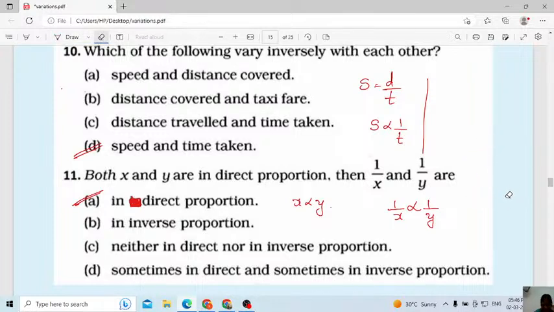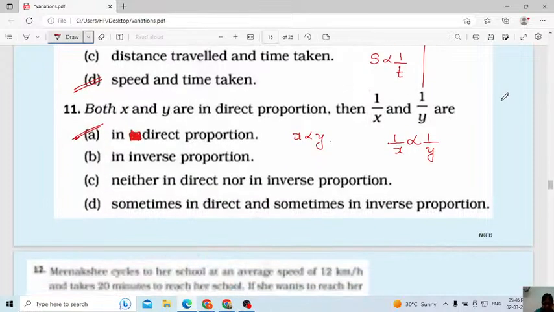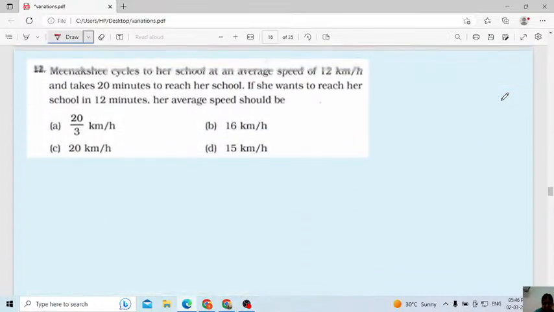Easy question. Yes, next question. Solve. Why they have given it like this: normally here you can use the relation.